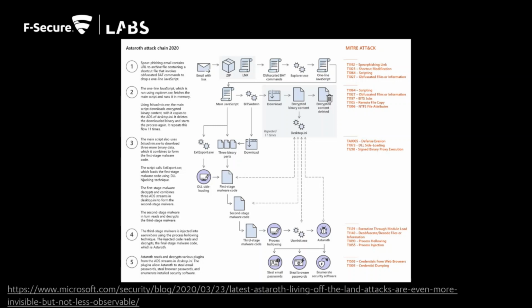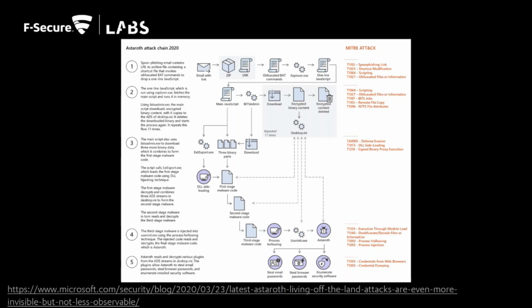First, it's just a bunch of commands that use explorer.exe to retrieve a one-liner JavaScript as a first-stage payload. That one-liner reaches back to the server and downloads the next JavaScript, which is the main JavaScript that performs quite a few actions that later come together and perform the latest stages of the attack chain.